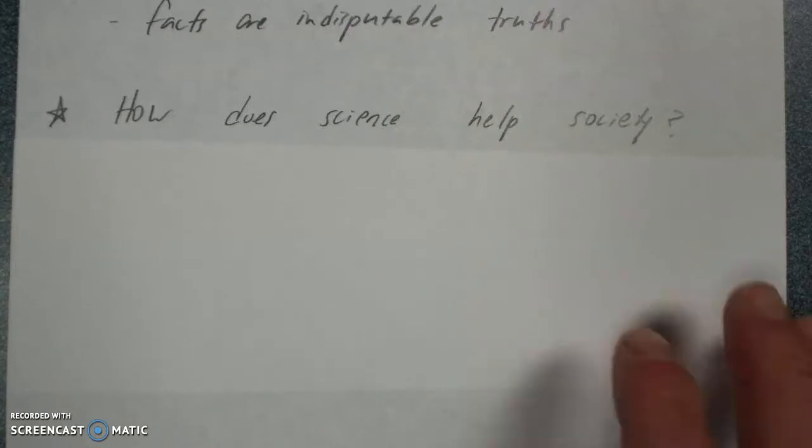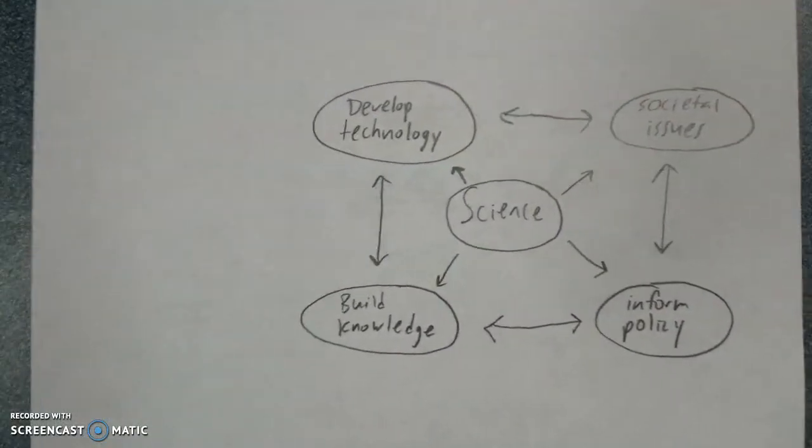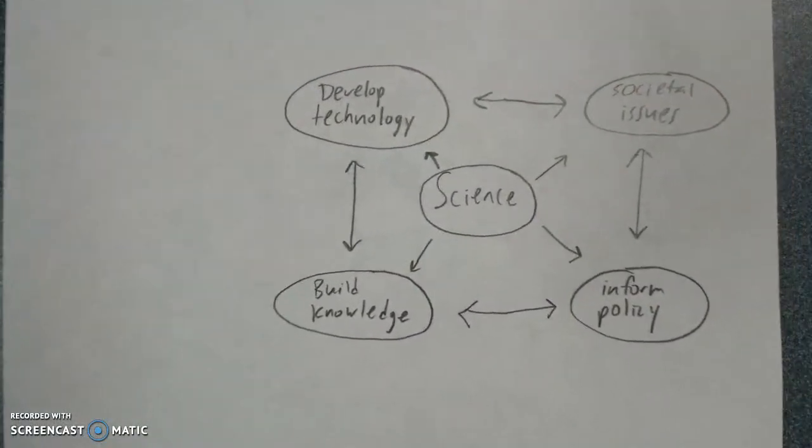So how does science help society? There's a nice graphic I want you to copy into your notes that illustrates the role of science and how it helps us as a society. This process of creating scientific theories and doing experiments and tests, what's the whole point of it?